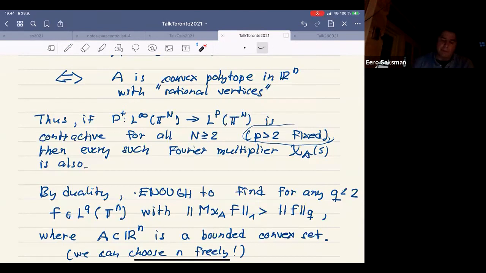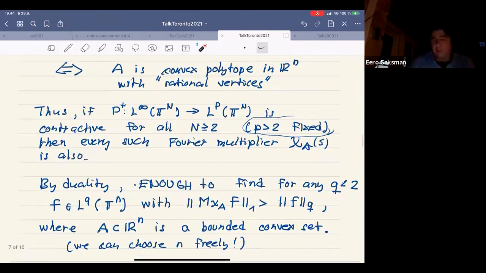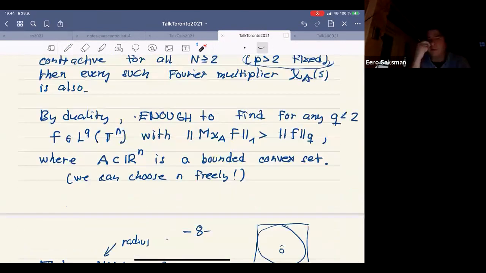Now what we need to do, if I use duality, so we are looking at something from L infinity to LP, in other words, now we are looking at something from LQ to L1, where Q is less than 2.